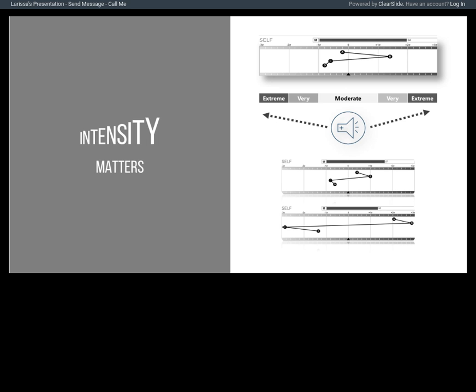Okay, jump right back in. Intensity matters. So when we're looking at these graphs, we start at the center point. There's that little arrow at the bottom and the 0 at the top. That's what we call the statistical average. If I have any other statistics nerds in here, it's the empirical rule, right?